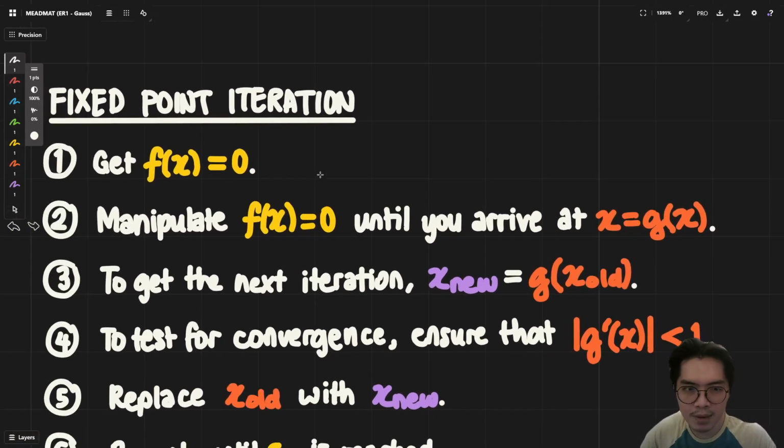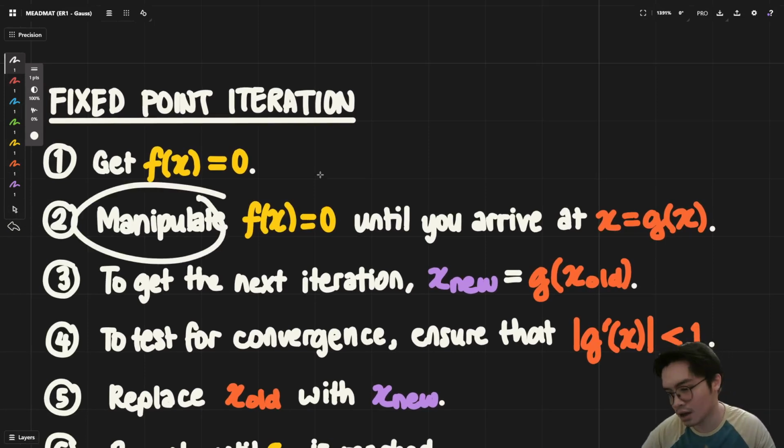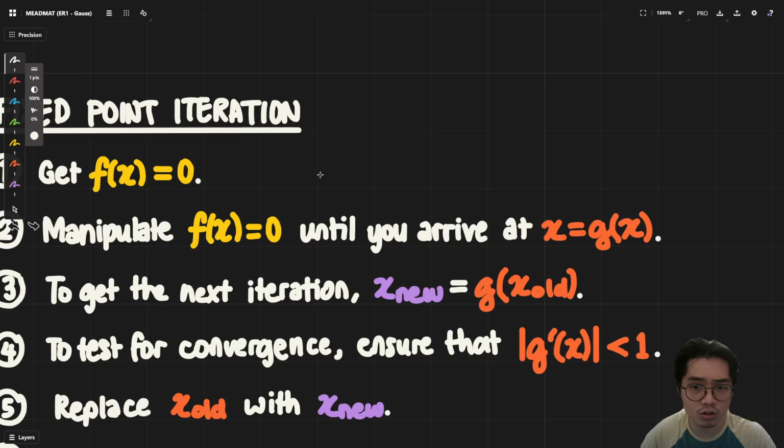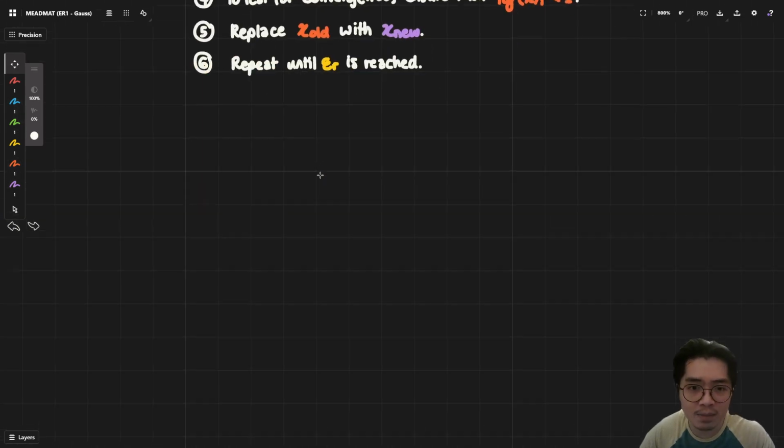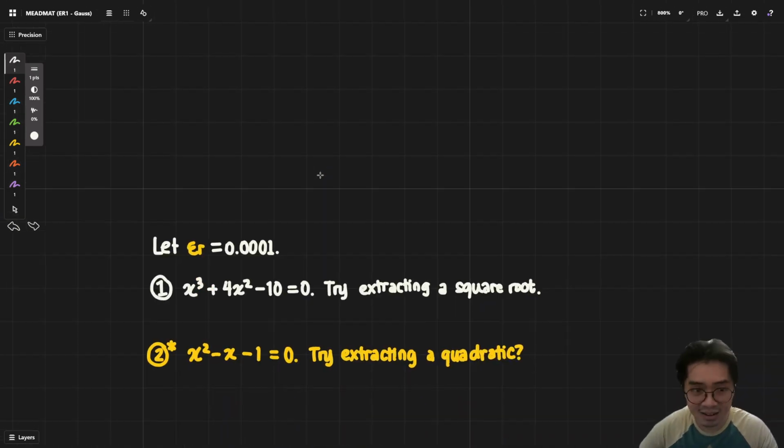Manipulate is such a vague word. What kind of manipulations are you supposed to do? What kind are you allowed to do? What kind are you not allowed to do? There are no rules, so long as what you're manipulating is correct, you should arrive at the answer.